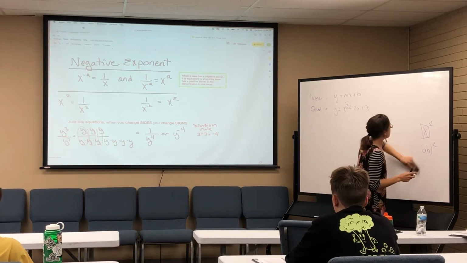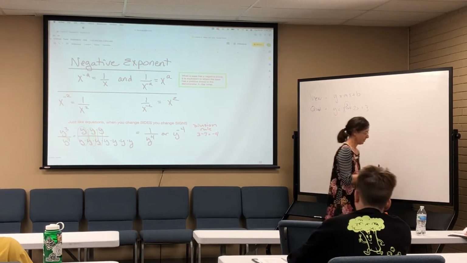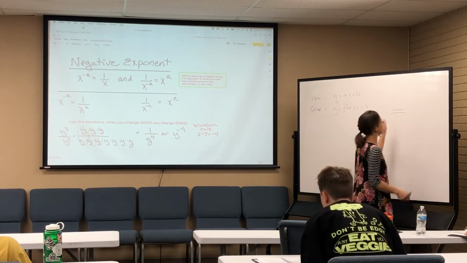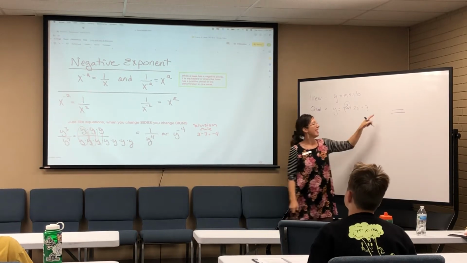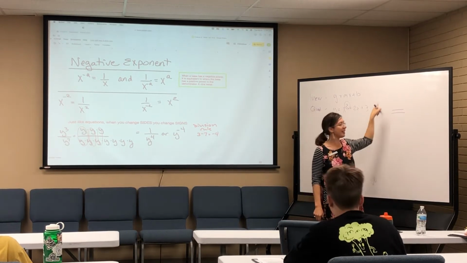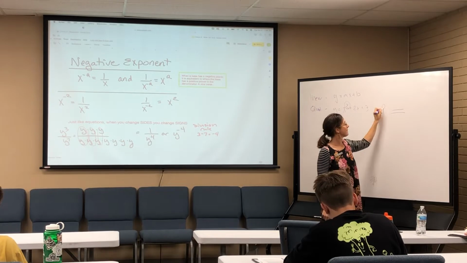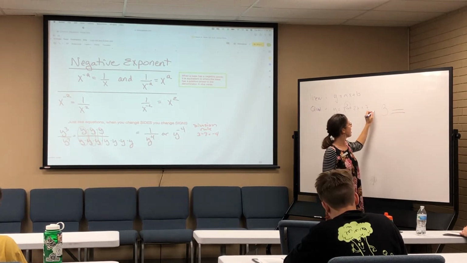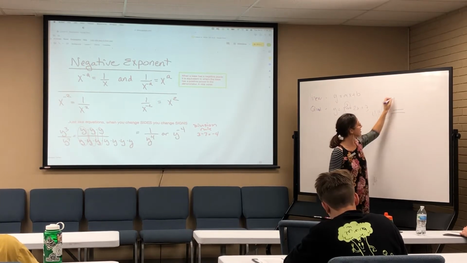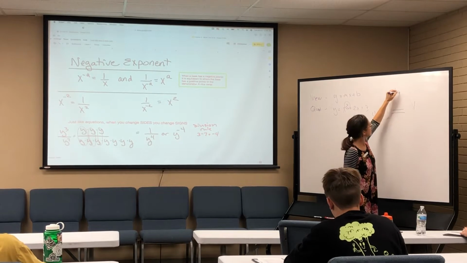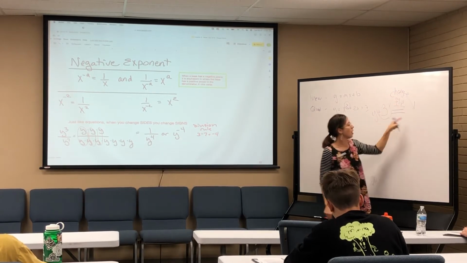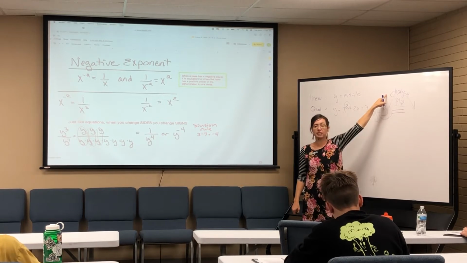Okay? So negative exponents. Our number 1 math rule that involves an equal sign, okay? If I go from one side to the next, I have to do what? Change signs, okay? So that flip always requires you to change a sign, right?